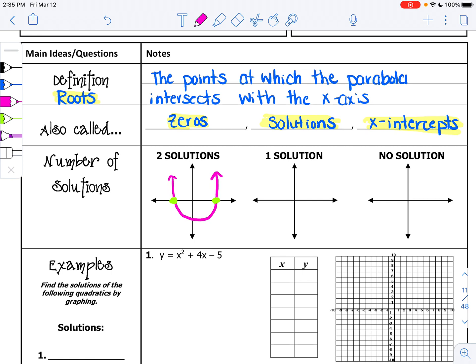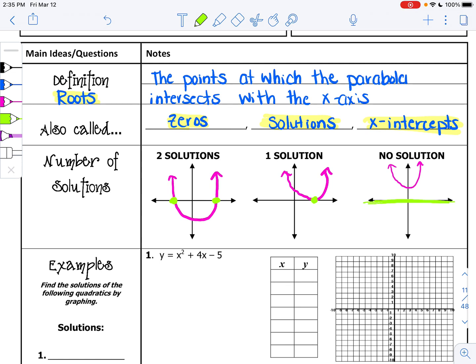If it were to have one solution, it might look like this, crossing at only 1 point. It can also have no solutions, so if your parabola is set up higher on your y-axis, you can see that it doesn't cross your x-axis at all, so it has no solutions.